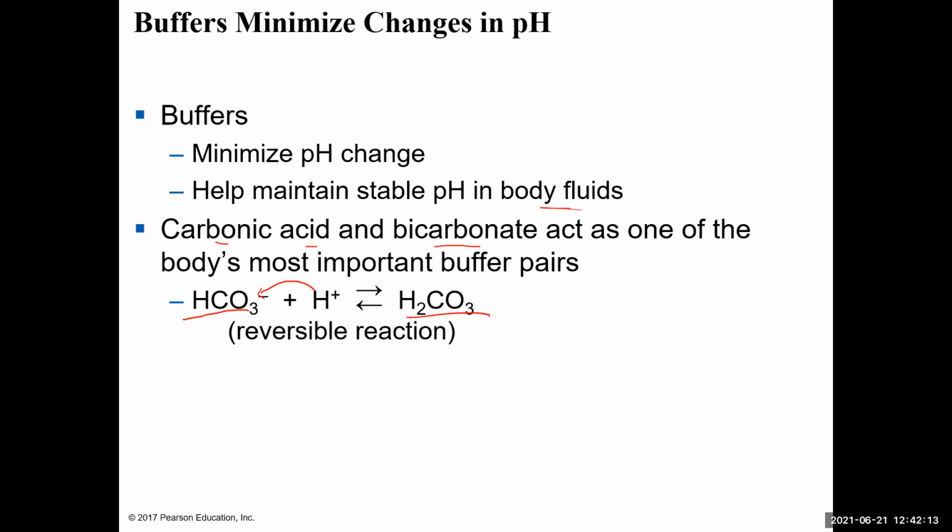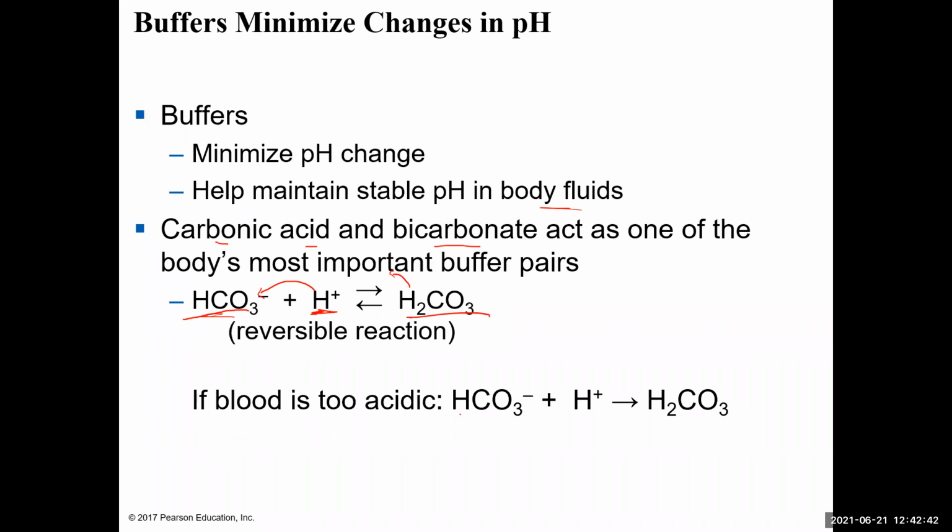Now let's say our blood is becoming alkaline or basic, and we need it to go down in pH. Our bodies can then release carbonic acid that would give off a hydrogen ion and turn into bicarbonate, and the blood would become more acidic. So if the blood is too acidic, you get bicarbonate picking up those ions, making carbonic acid, lowering the hydrogen ion concentration.